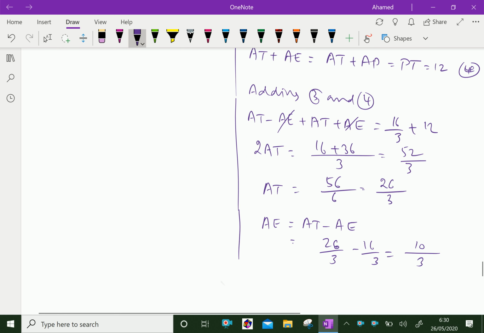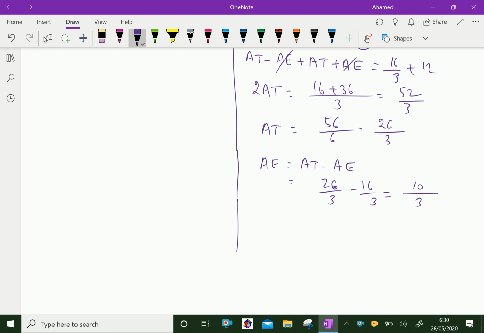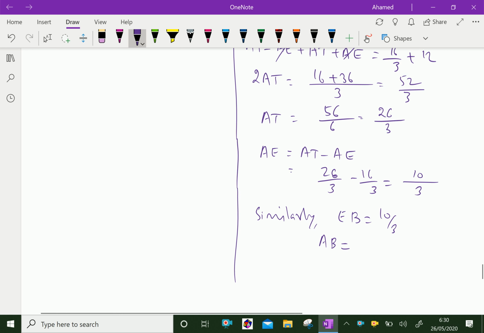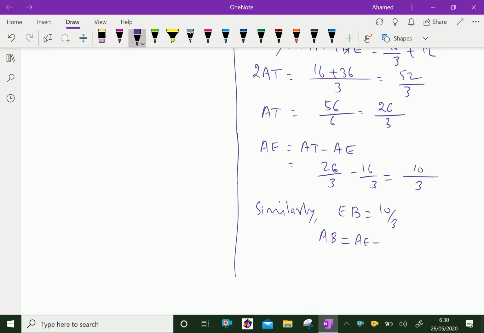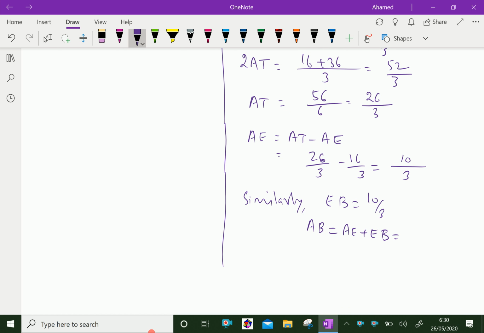Similarly, EB is also equal to 10 by 3, because AE equals EB. Then AB equals AE plus EB, which is 10 by 3 plus 10 by 3, which is 20 by 3 centimeters. So we got AB.